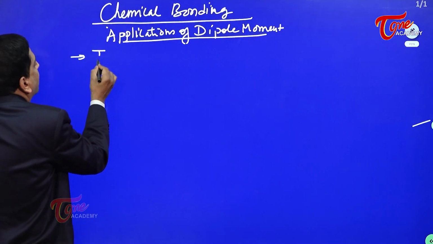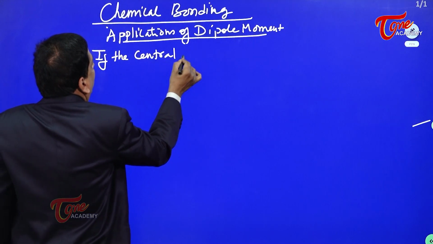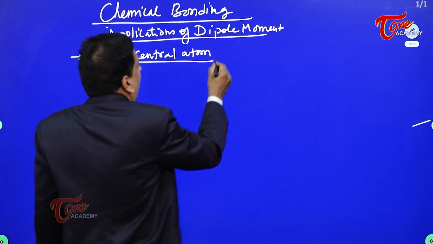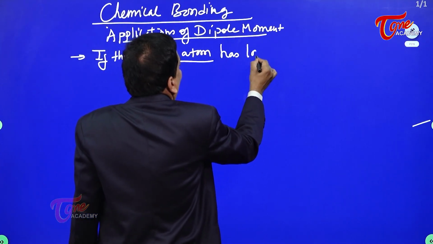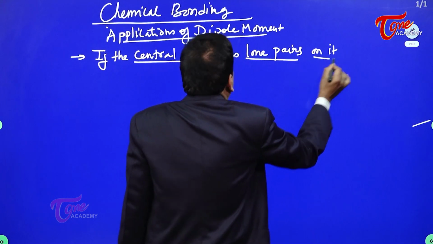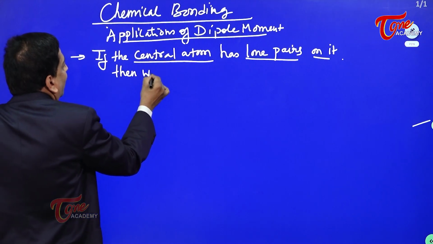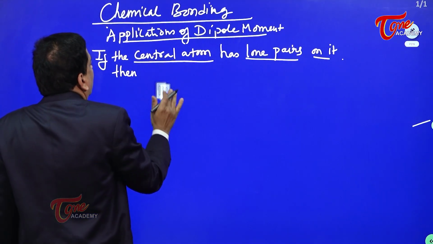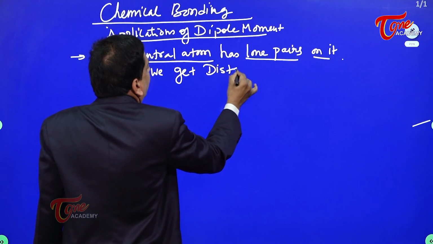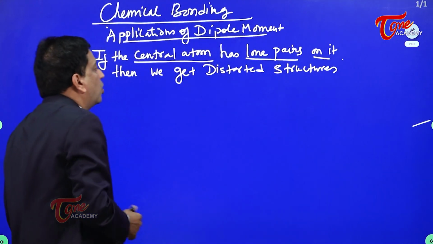On the other hand, watch carefully here. If the central atom, in which hybridization is taking place, has lone pairs on it, then we get distorted structures.